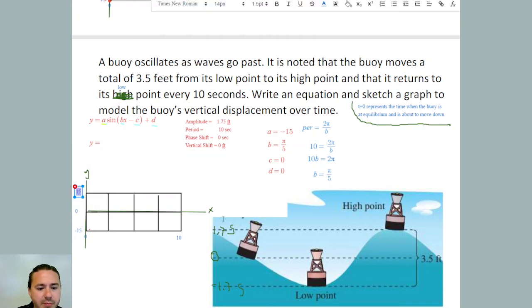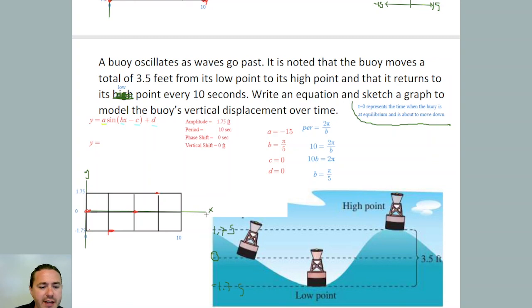Our maximum displacement is going to be positive 1.75 feet, and our minimum is going to be negative 1.75. We are going to start at equilibrium, and it says we're about to move downward, so our graph is going to go down and then come back up and then down again.